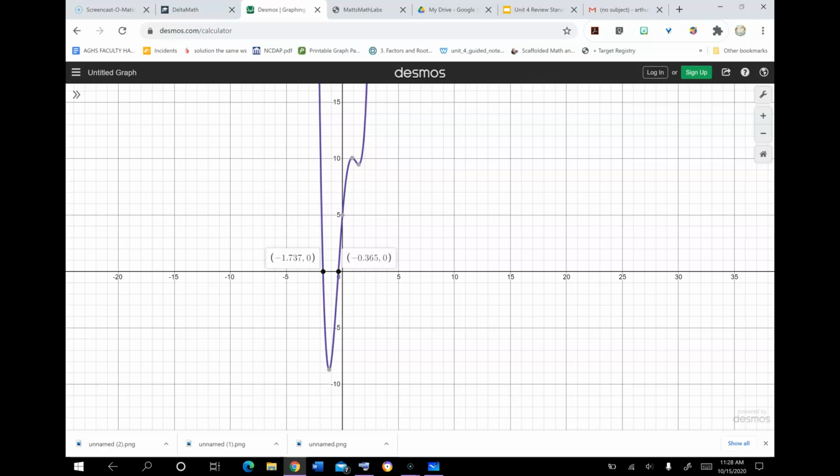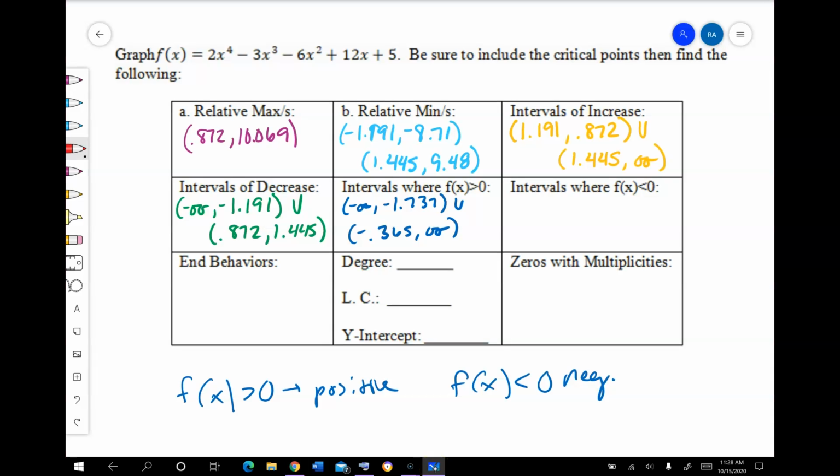Okay, so let's go write that. So I'm negative from negative 1.737 all the way to negative 0.365.